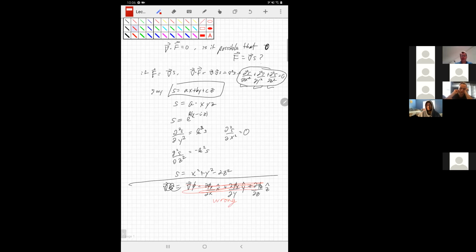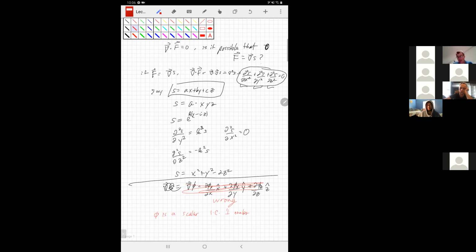Please do not come to me after class saying, hey, you wrote that down, but I think it's wrong, but you wrote it down, so I guess it's right, so can I put that answer on the test? Please don't do that. What's wrong with this is that phi is a scalar, i.e., one number.